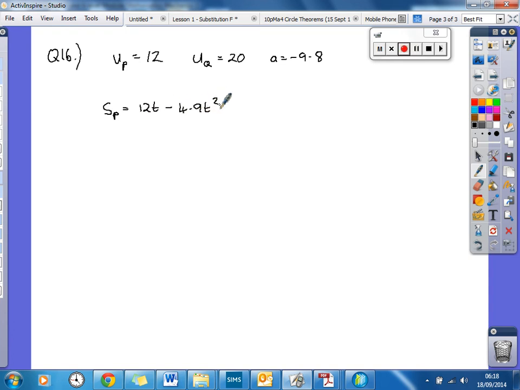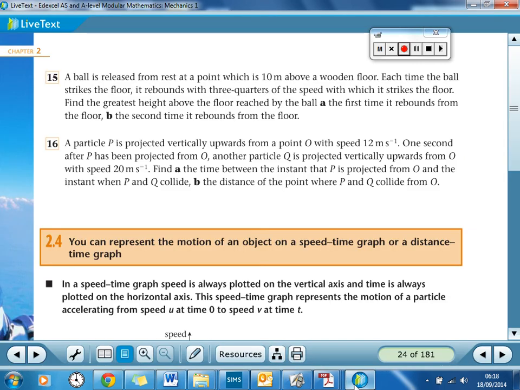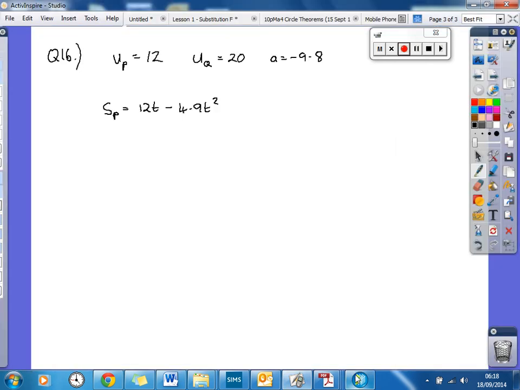Now this is the bit that will catch people out. So Q is sent up another second later. The temptation is to say, well, that's t plus 1. But think about it. After 2 seconds, after P has been travelling for 2 seconds, how long would Q have been travelling?